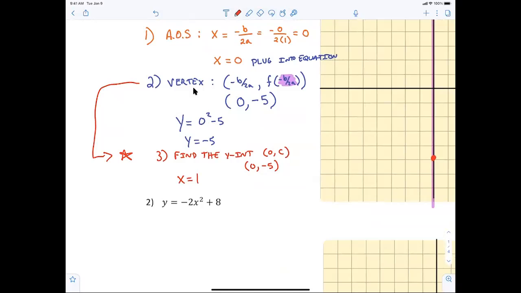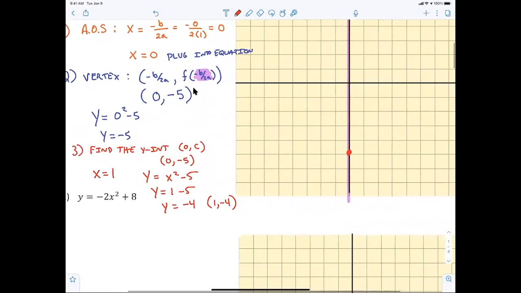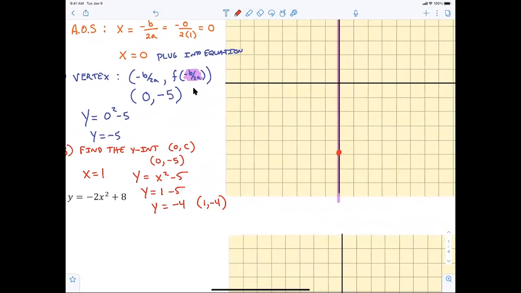Just plug 1 in. When I plug 1 in, y equals x squared minus 5. Y equals 1 minus 5. So y equals what? -4. So the point 1, -4 is on the graph. So now everybody graph 1, -4. Over 1, down 4. Is everybody with me right here?